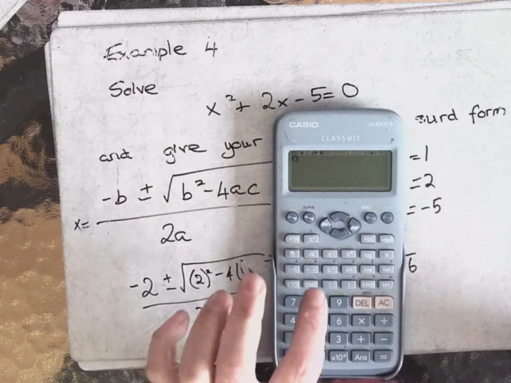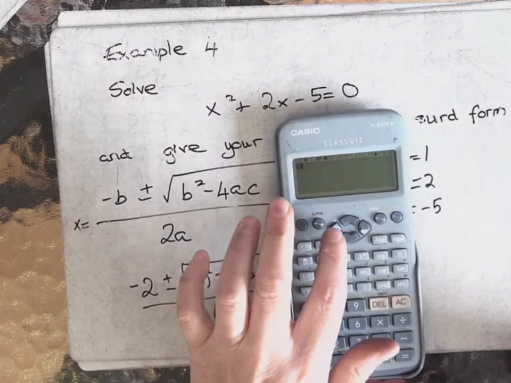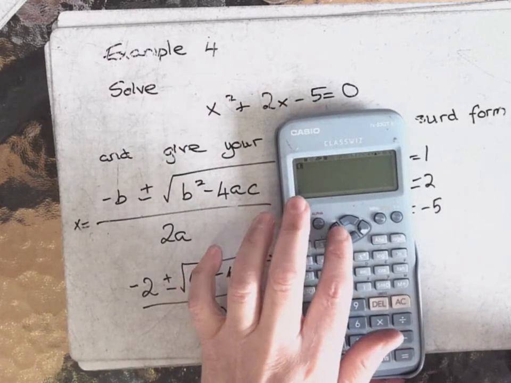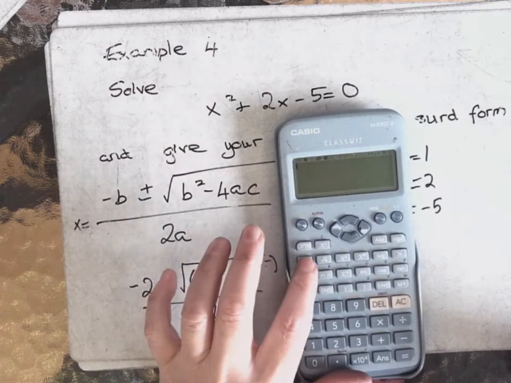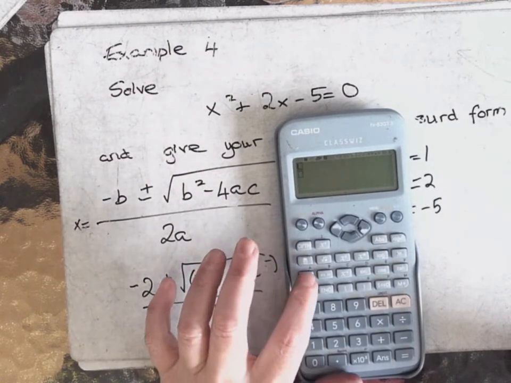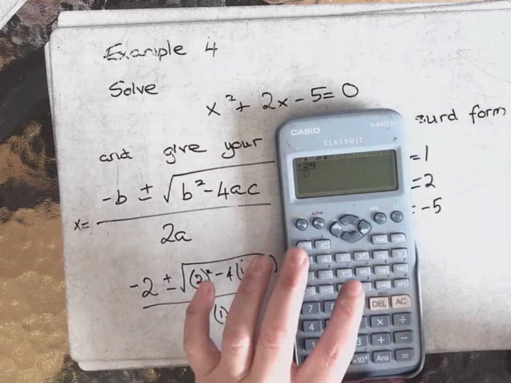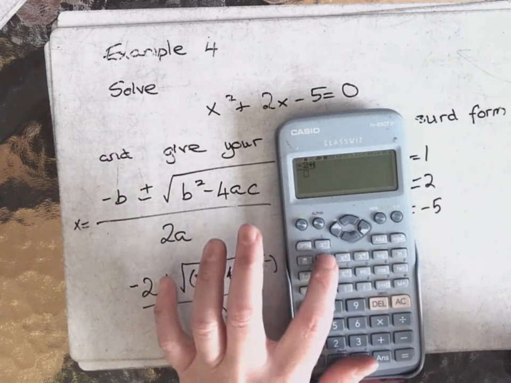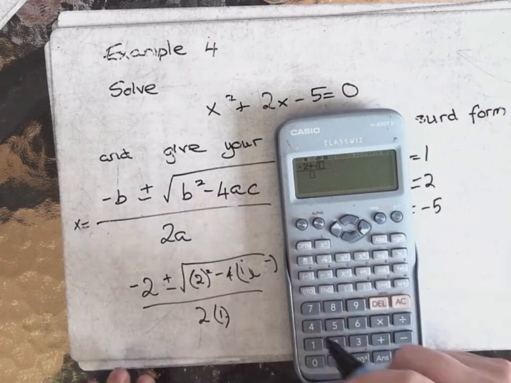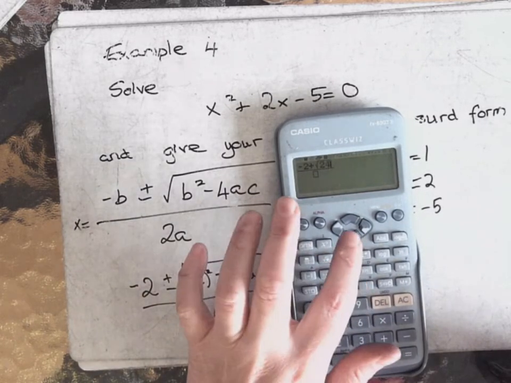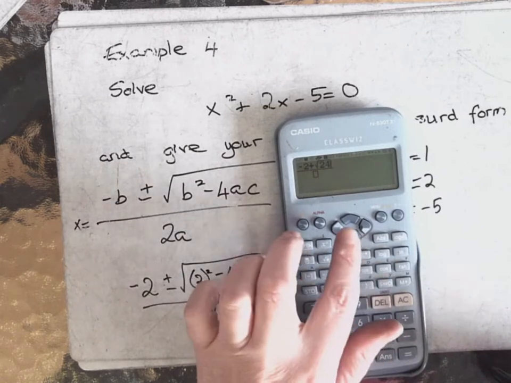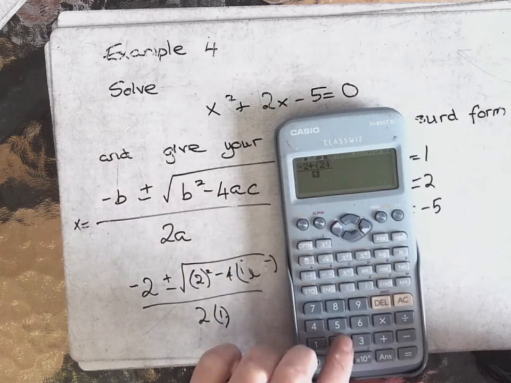What you do then is you go back, sorry, I'm after cancelling that, so I just have to type it in again. Minus 2 plus the square root of, I'll just do some of it in my head, 24, to equal.